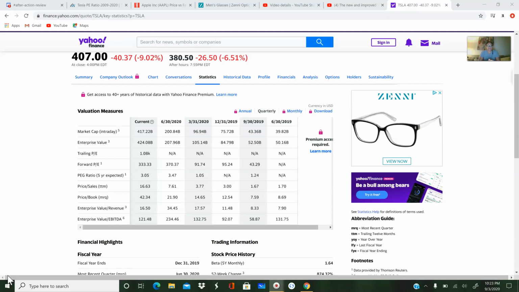So, just a little bit deeper layer than just looking at the PE ratio and comparing it to the industry and competitors, which is a great thing to do. But I just wanted to give you a little bit more information on how you can look at it more deeply than that. So that's all I got.